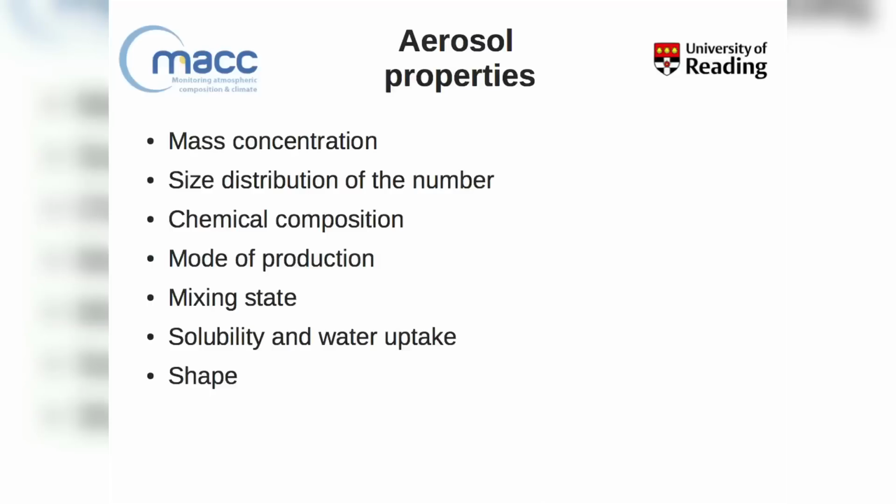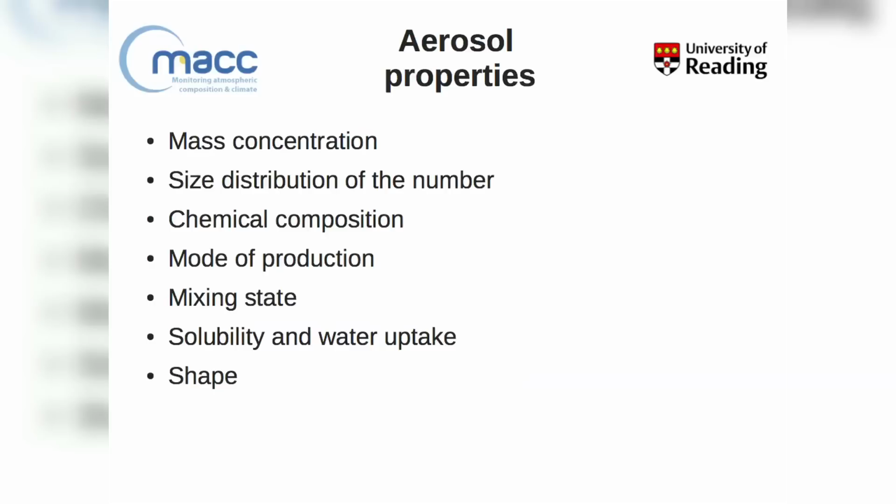You've got most of the properties on the list. So, indeed, we need to know the mass concentration, so how many aerosols there are. We need to know their size and number. We need to know their chemical composition, what they are made of, their mode of production, so how they got emitted into the atmosphere in the first place.